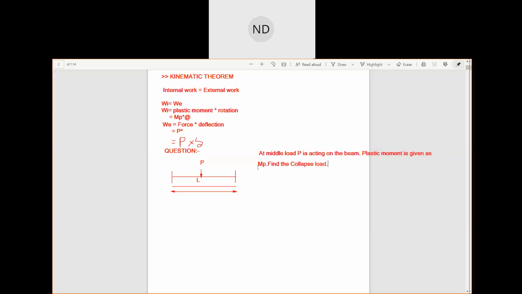So in this case, we are going to apply the kinematic theory. According to the kinematic theory, what do we have?